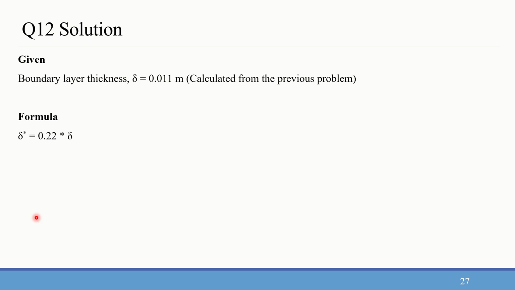Delta star is the displacement thickness and it is equal to 0.22 times delta. And now we have to do the substitution.